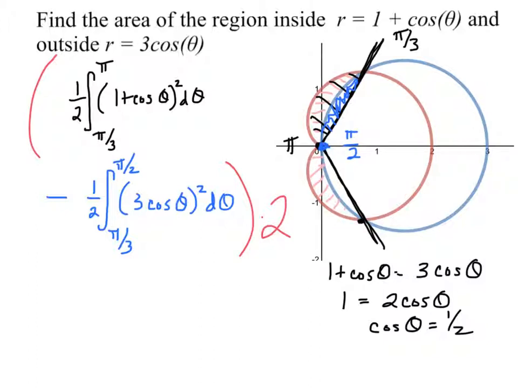I think using the symmetry is important, especially in polars, and this situation shows it even more. I kind of skipped over this: I said, well, pi over 3 would do it. The other time that cosine theta would be 1/2 is 5 pi over 3. 5 pi over 3 is this location in the limacon. But at 5 pi over 3, here's what would happen in the circle.